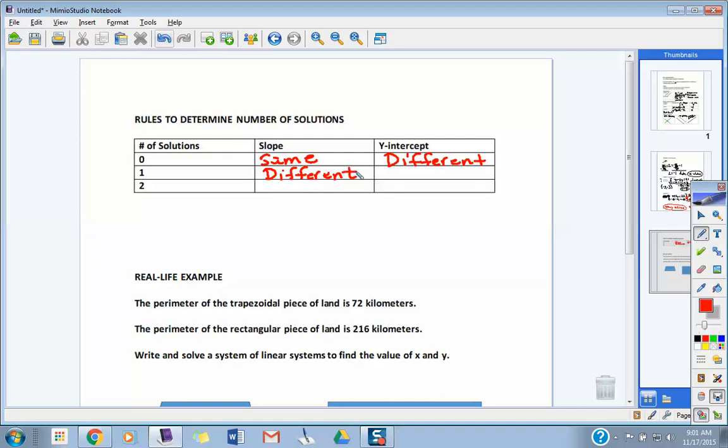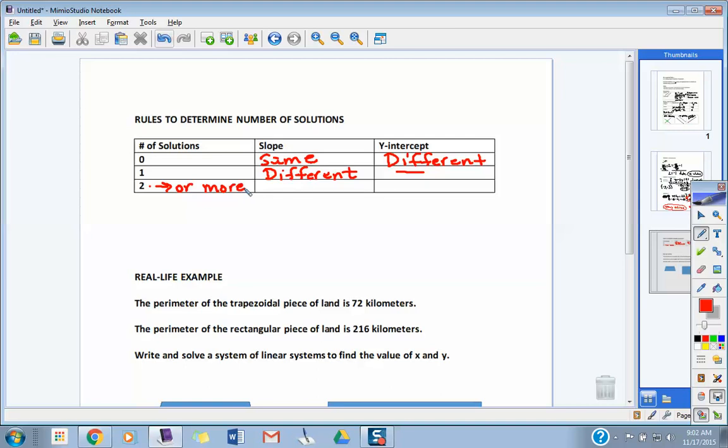Lines with different slopes are always going to cross somewhere. A line with a different slope is always going to cross somewhere. Okay? You don't need to know anything about the y-intercept. If the slopes are different, you're going to have one solution. Okay, and then this idea of two solutions or more, meaning many.